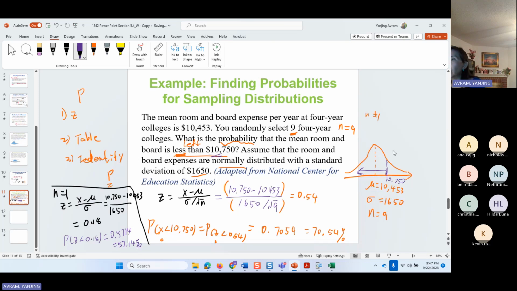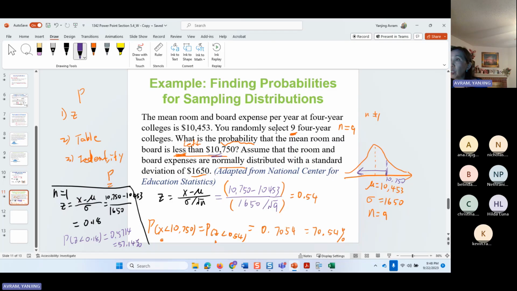So you can tell from this, if you randomly select just one four-year college, the probability of being less than $10,750 will be a 57.14% chance.